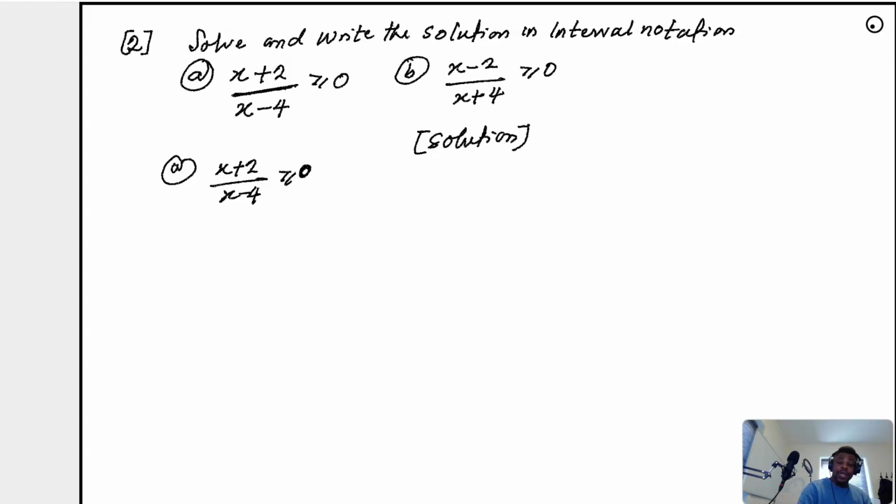Step 2, we need to get the critical points, in terms of 0 and undefined. And when you're talking about 0, you talk about the numerator. So my numerator x plus 2 is equals to 0, so x is equals to minus 2. And undefined, you talk about the denominator.